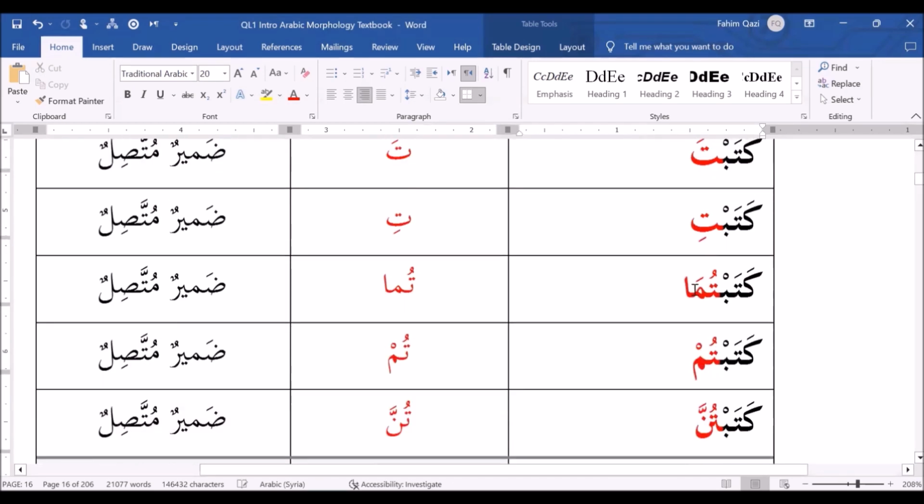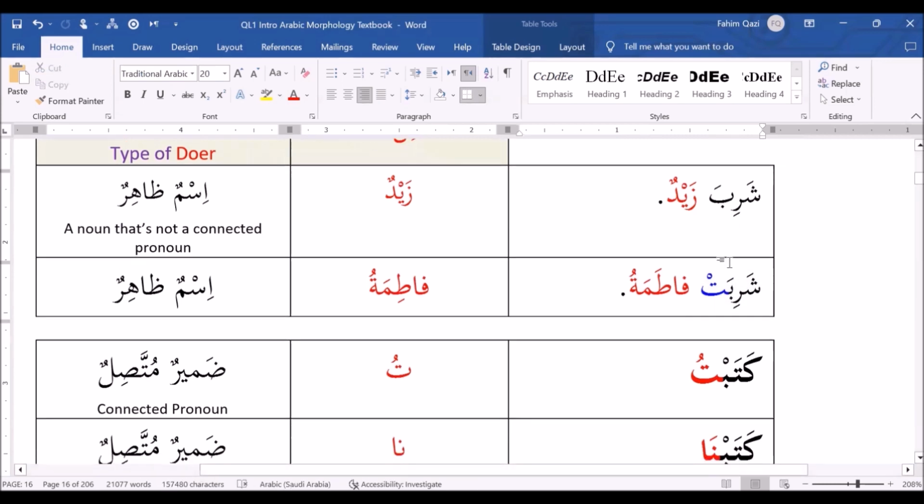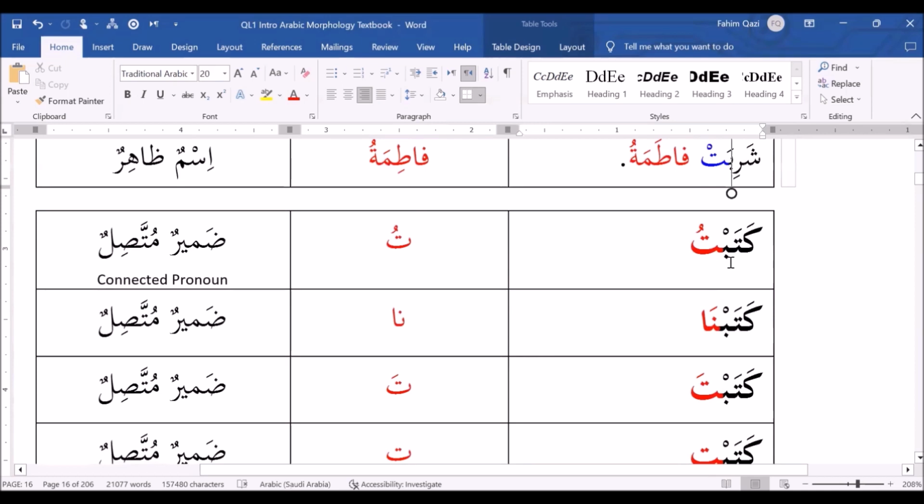So this is the conjugation. The first two examples do not have a connected pronoun. It's where the fa'il doer is ism zahir. And you do have the blue ta here, which is the feminine ta. The job of the blue ta is to let you know that the fa'il is feminine. It is not a pronoun. The blue ta is not the pronoun.